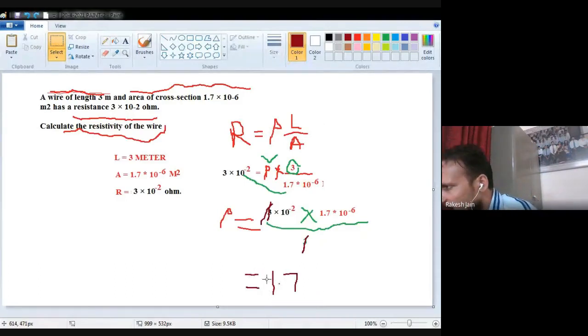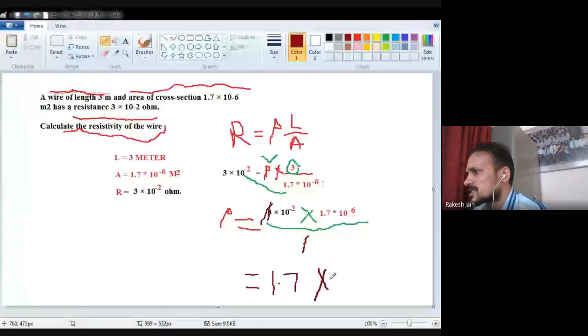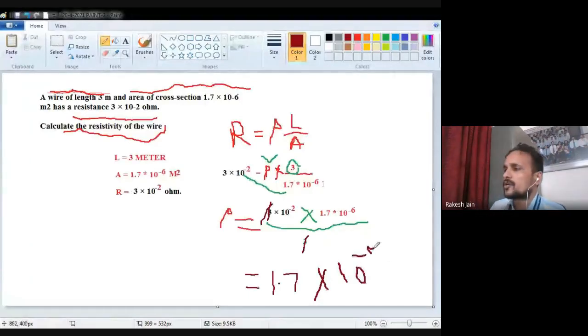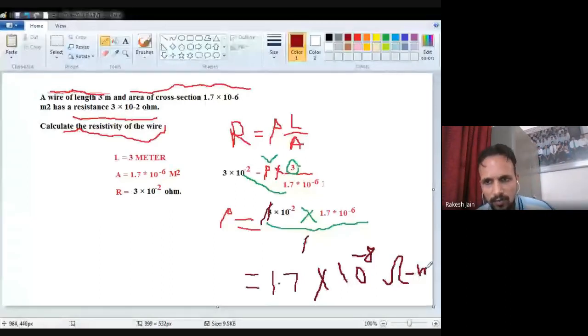So 1.7 multiplied by 10 to power minus 6 and minus 2, that is minus 8. So 1.7 into 10 to power of minus 8, and I know the unit, as we proved, ohm meter is the unit of resistivity. So this is the answer of this third question.